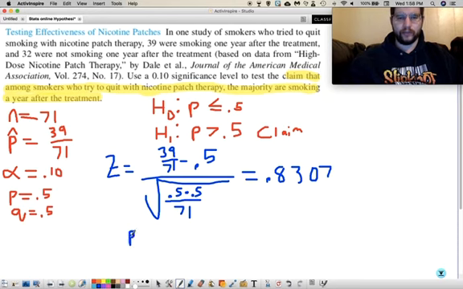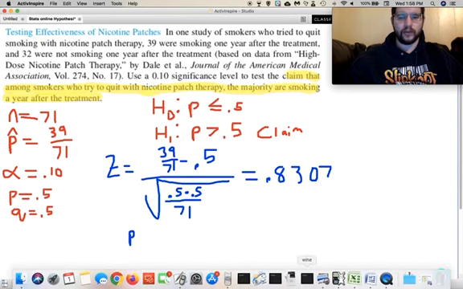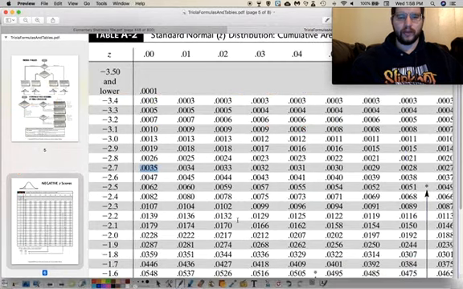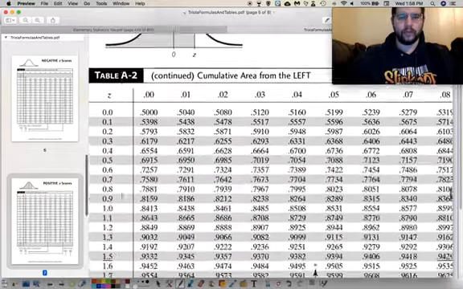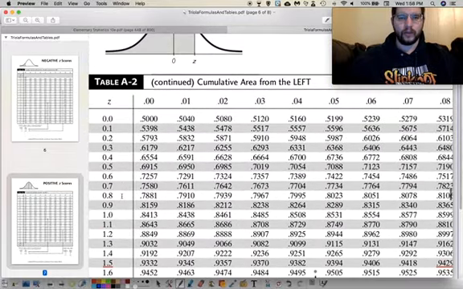So now, let's grab the p-value. First, what's our tail? Right tail. So what am I going to do? I'm going to look at the area to the right of 0.83. 0.83 right here.